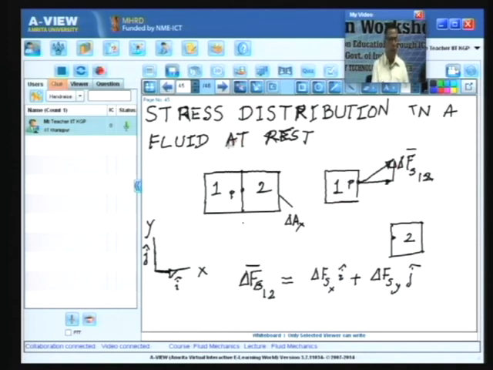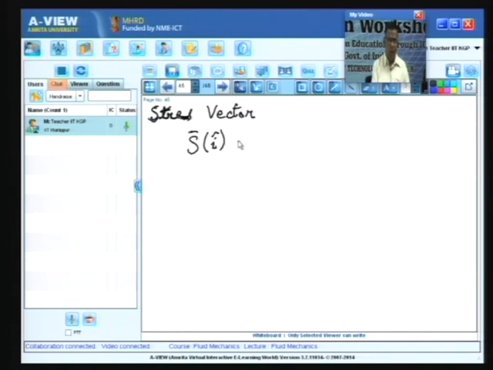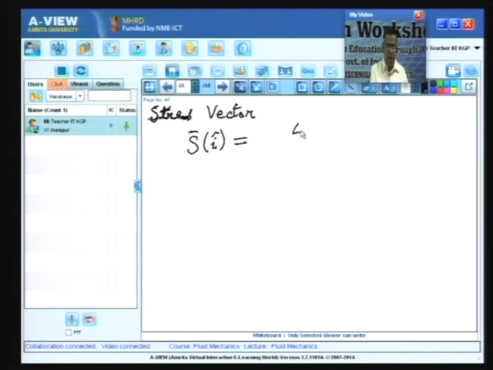So, this we can write as delta F S 1 2 vector by the area.